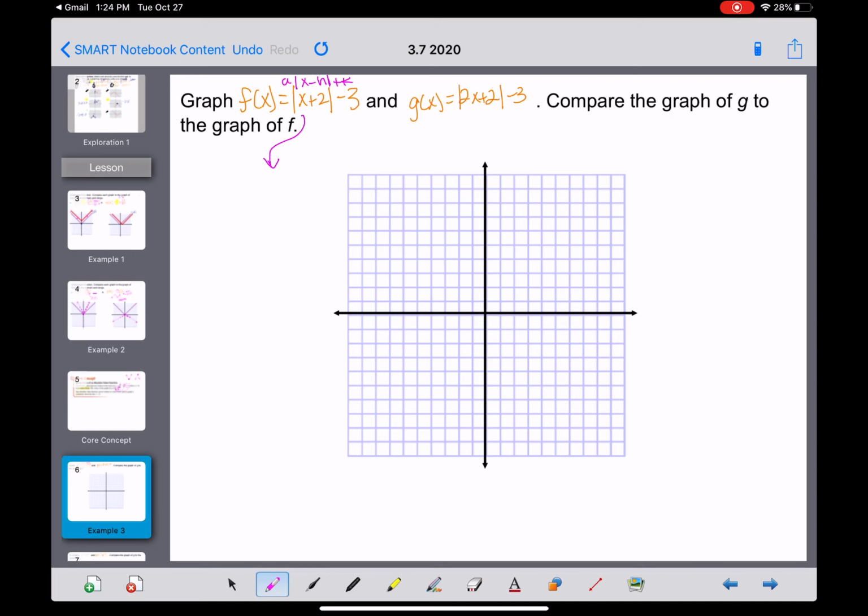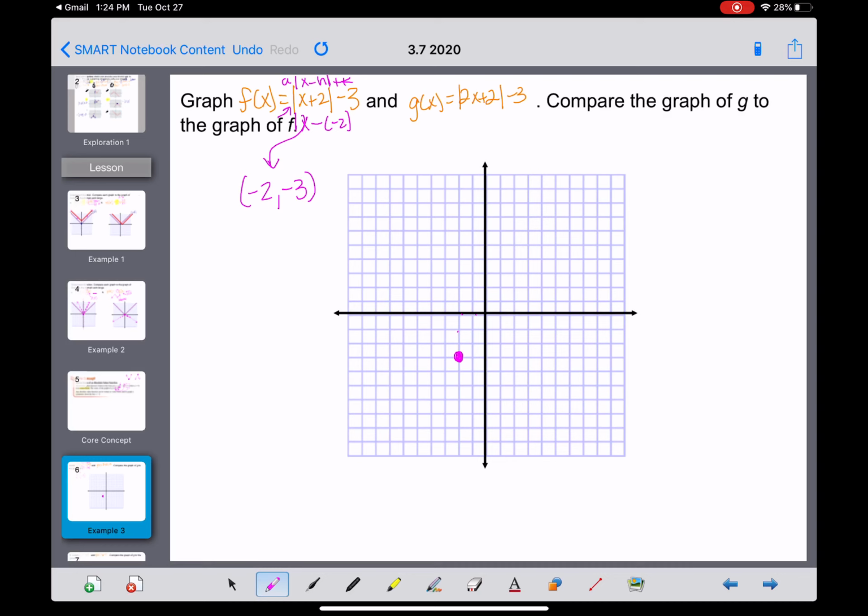I can rewrite x plus 2 as x minus negative 2. Therefore, my h value is negative 2, and my k value is negative 3. That means the vertex of f(x) is going to be at negative 2, negative 3. Then from there, I'm going to use my coefficient to tell me how many spaces to rise and run.